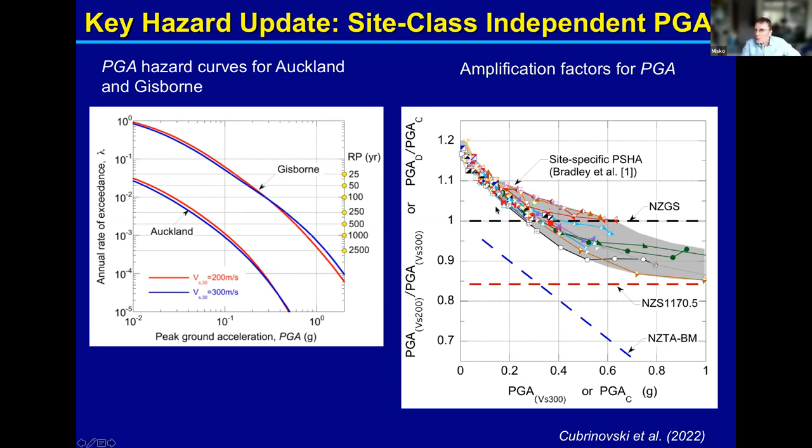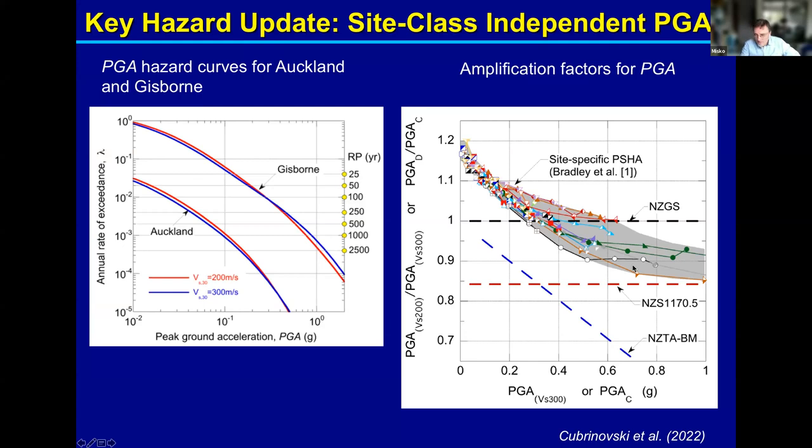And we are seeing what we would expect to see when the peak ground acceleration at the stiff soil is relatively low, 0.1, 0.2 G, we are getting amplification in the softer deposit. 200 meters per second is going to give you maybe 10% higher accelerations as compared to 300 meters per second.